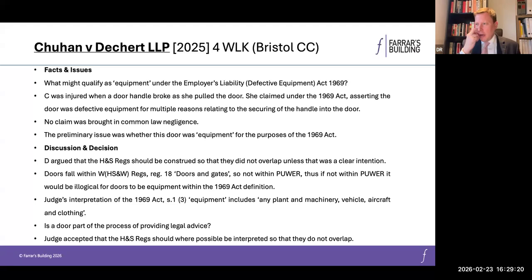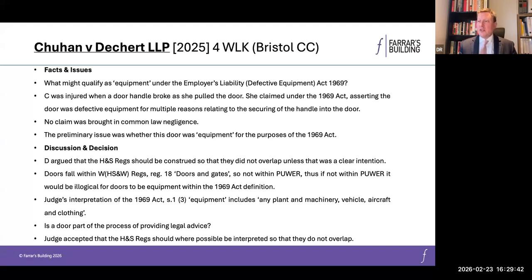Secondly, the judge did also conclude that it was relevant that the equipment regulations and the workplace regulations still remain in force, obviously, despite the provisions of ERRA. They are still regulatory guidelines, and the regulations potentially impose criminal sanctions on the employer for breach.